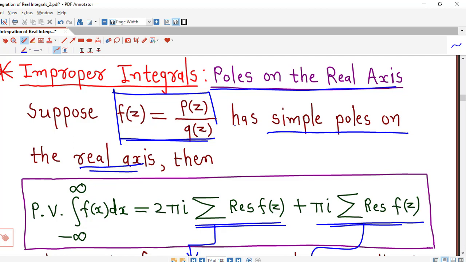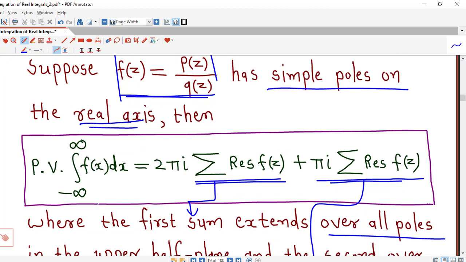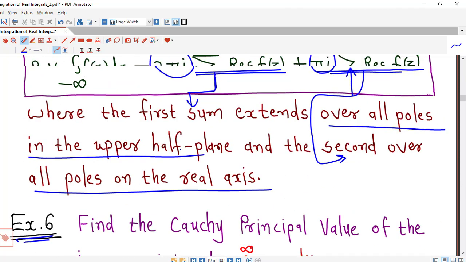So if your function has simple poles on the real axis, then in the formula for the Cauchy principal value we have this extra summation, pi I times the residue of f of z at poles on the real axis. We have to write down the summation of residues of f of z at simple poles on the real axis, and this summation is multiplied by pi into I, while the upper half plane summation is multiplied by 2 pi I.